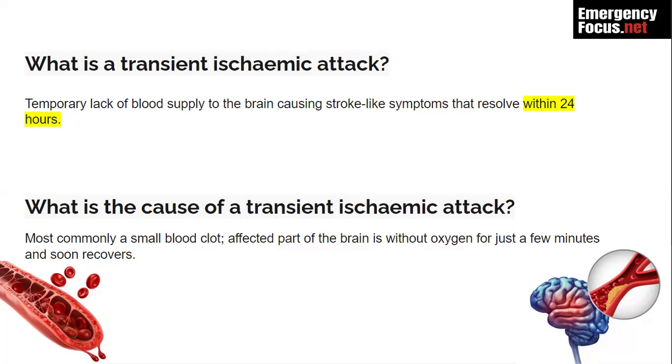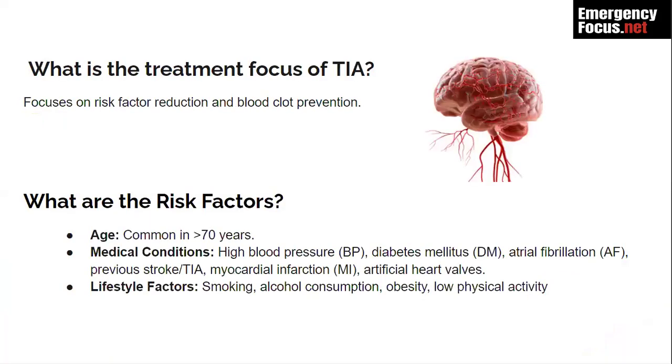That clot plugs a small vessel in your brain, the oxygen is cut off for a few minutes, and the patient soon recovers. What's the treatment? Since the patient recovers, we refer this patient, but the whole treatment focus would be for the GP to reduce the risk factors and to prevent that clot from happening again, right?